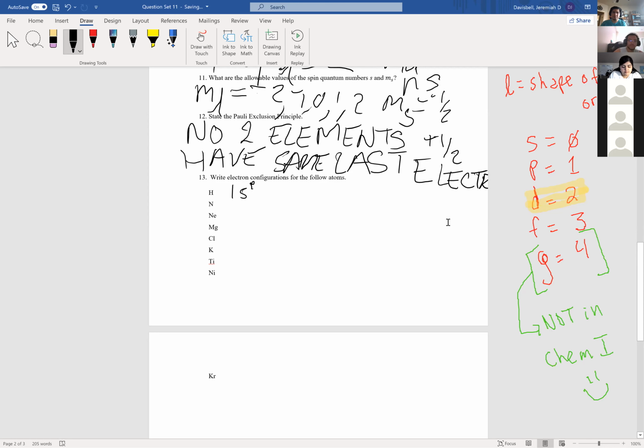The second row. Okay. And how far is it into the p subshell, counting from left to right? 3. Okay, so 2p3. And then we can just work our way backwards. So before p, what is it? 2s2, because you got to fill that one. And then before that, we have the first, which is 1s2. Make sense?